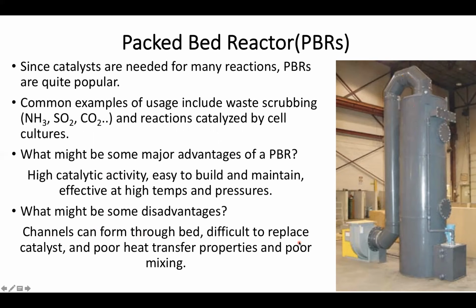The other problem is it can be very difficult to replace the catalyst, as I have to shut down the whole system and then usually unload the old catalyst and reload the new. This is often something you try to avoid as much as possible in an industrial system, because shutdowns can take a large amount of time.